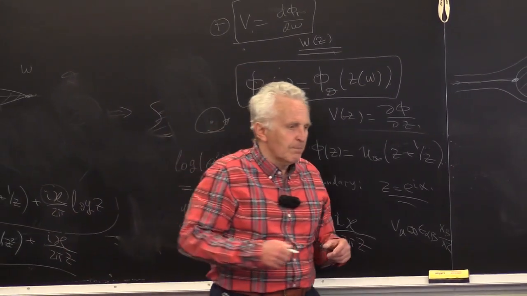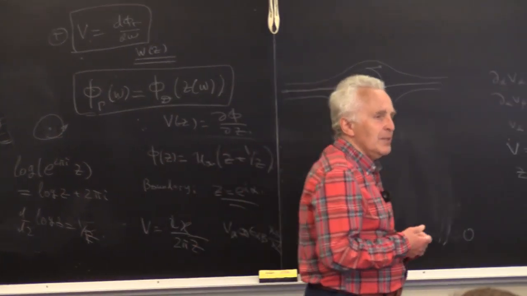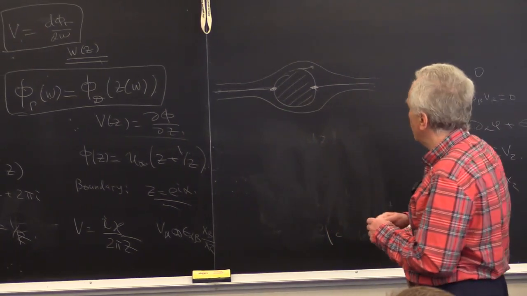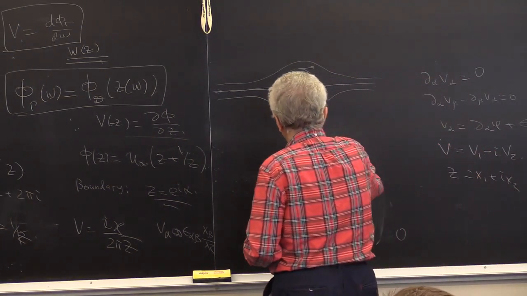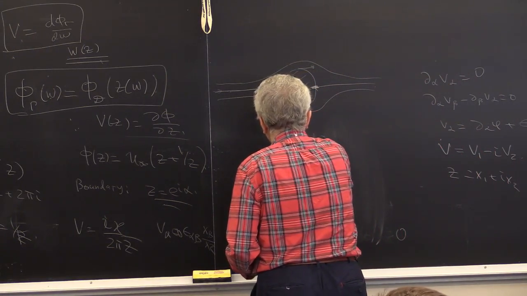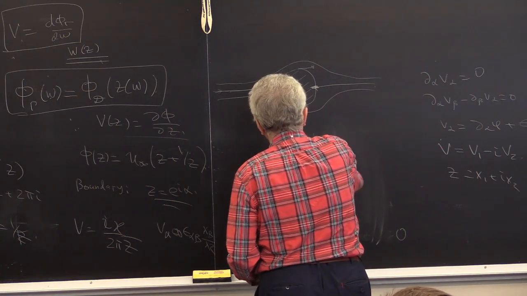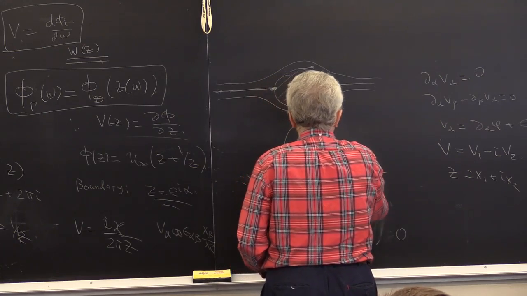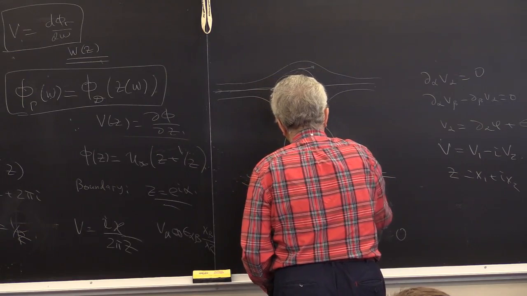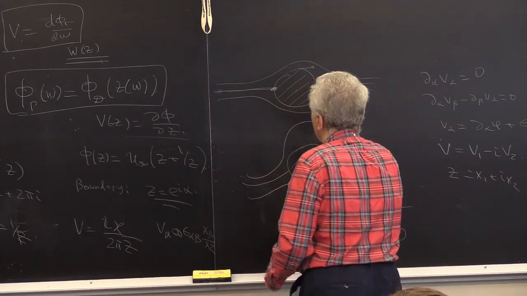You have to solve a quadratic equation to find them. And the flow becomes something like that. It becomes asymmetric.